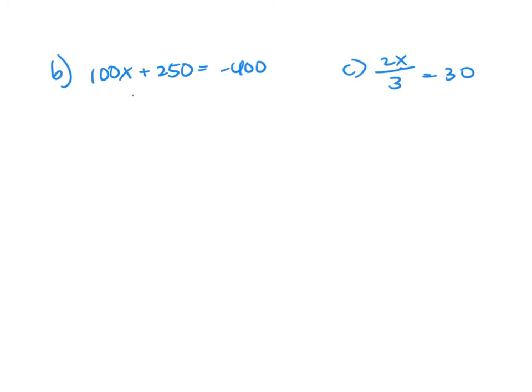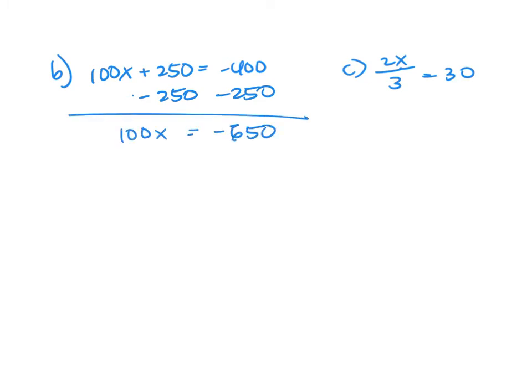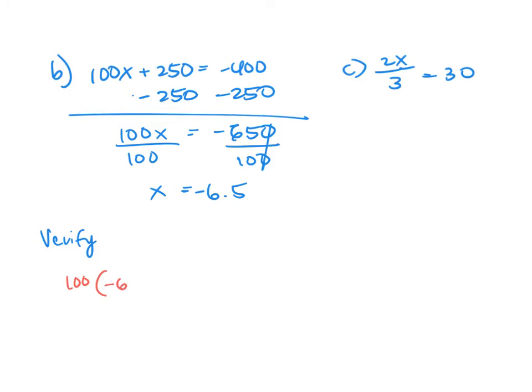Here's the working out for it. So I'm going to subtract 250 on both sides. And I get 100x is negative 650. Divide by 100, divide by 100. These could cancel out, then I get x is negative 6.5. And again, I could verify to see if I am correct. I get 100 times negative 6.5 plus 250 equals negative 400.